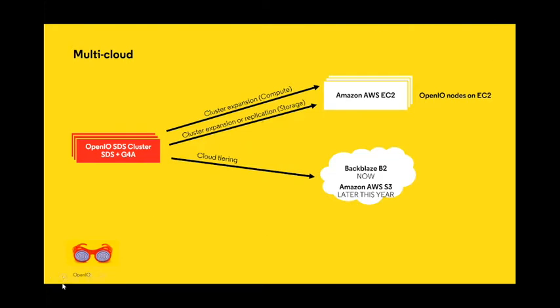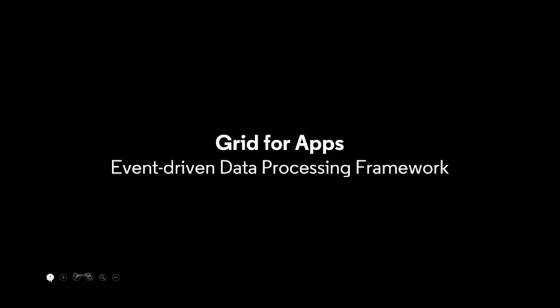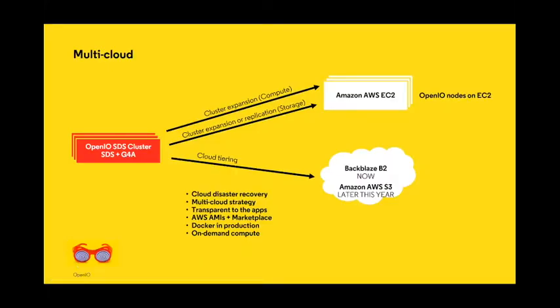So if you don't have a second data center, you can leverage the cloud for doing disaster recovery. You will be able to have a multi-cloud strategy, because Amazon will be the first one, but we are going to support Google and Microsoft later. So you will be able to do replicas on different clouds.